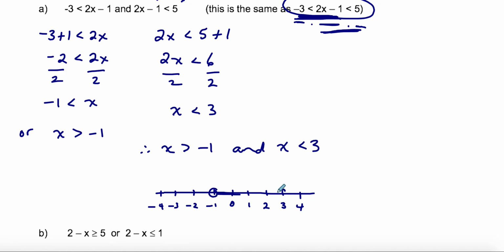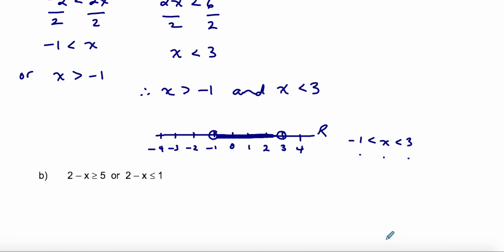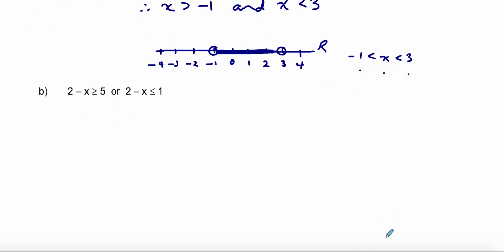It doesn't include 3, but it's all the values in between, so we're going in between negative 1 and 3. Another way you can write that is negative 1 is less than x is less than 3, meaning x is in between negative 1 and 3.